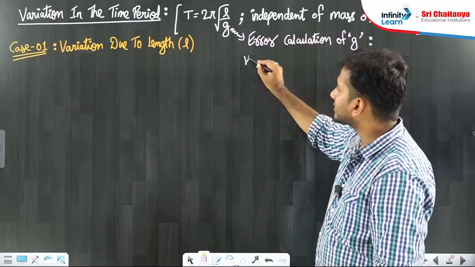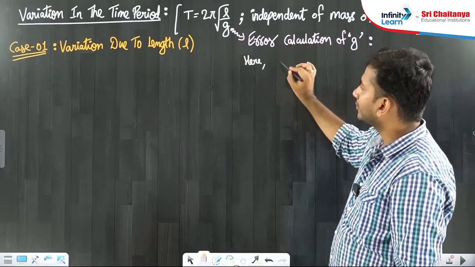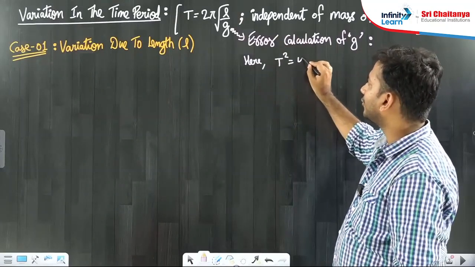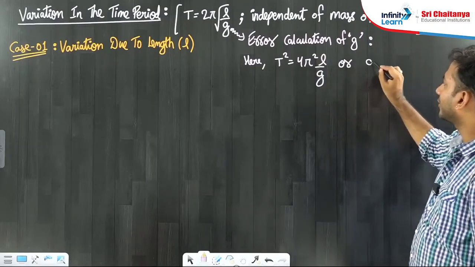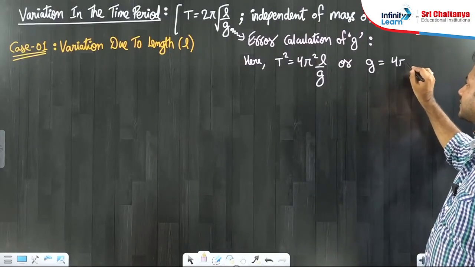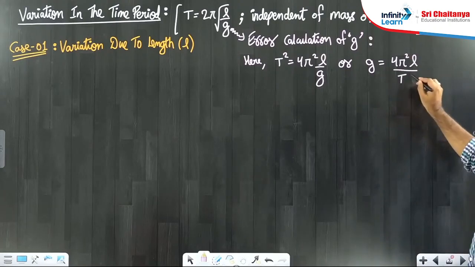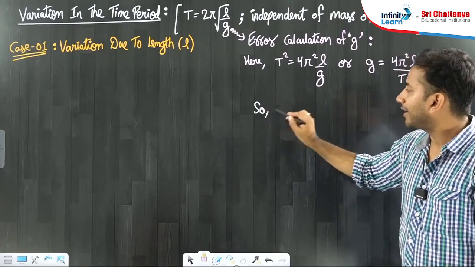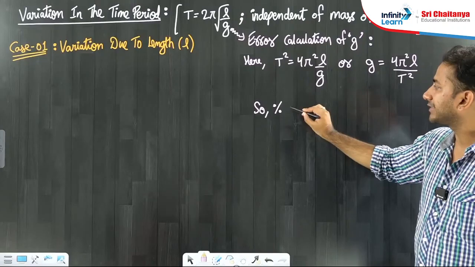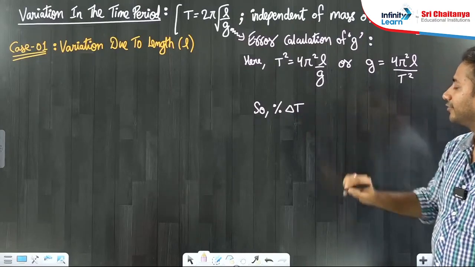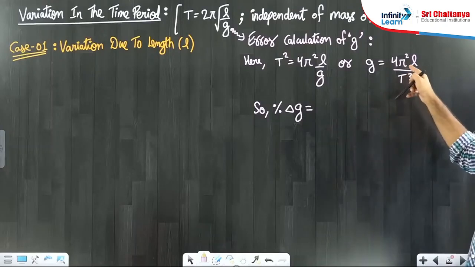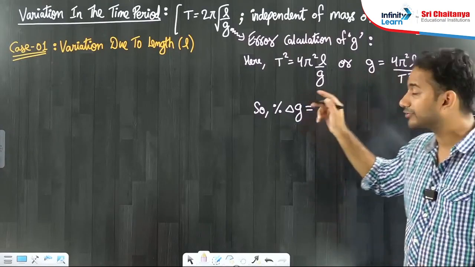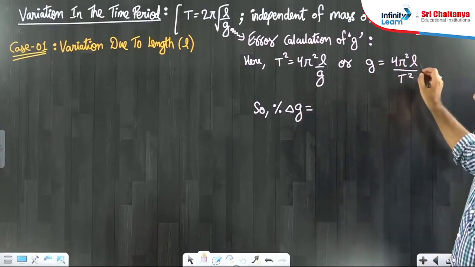If you square both sides, you can write T square is equal to 4 pi square L by G, or in a better way, G will be equal to 4 pi square L by T square. If I apply the power rule, the percentage error in the value of acceleration due to gravity: 4 pi square is a mathematical constant, so it will not involve any kind of error.